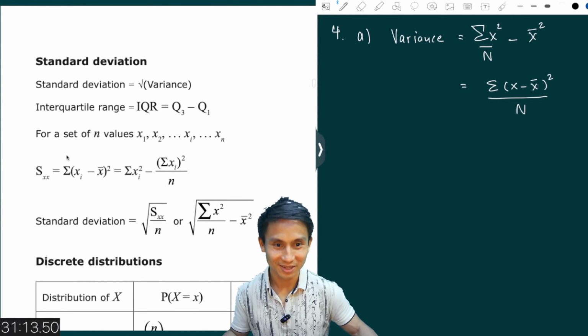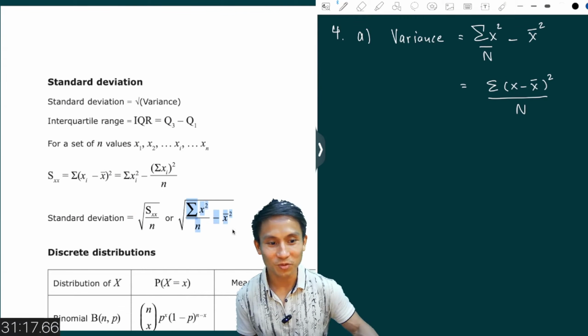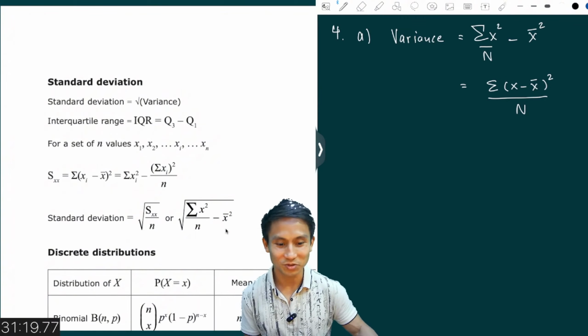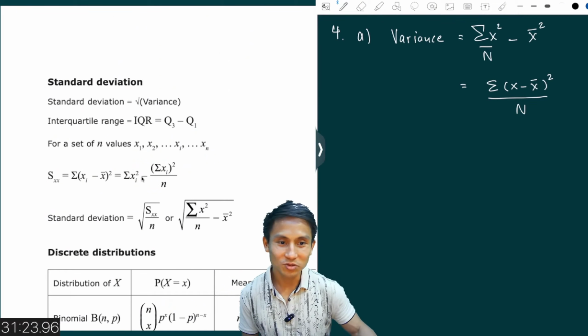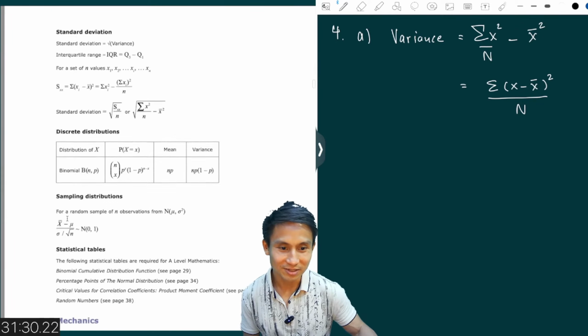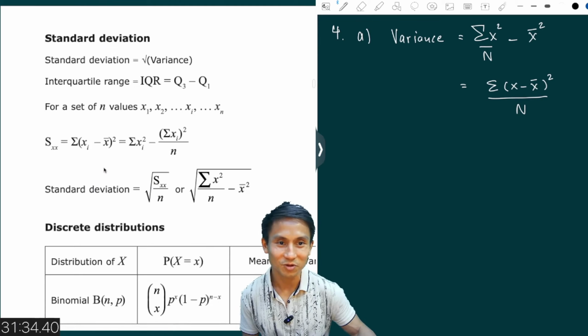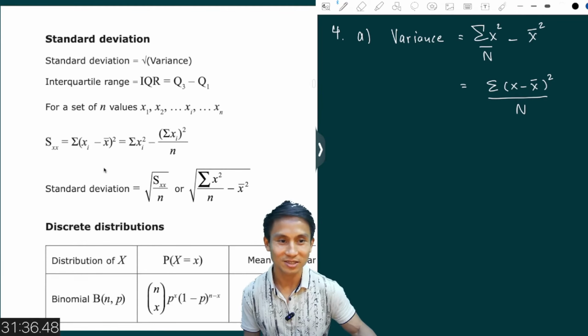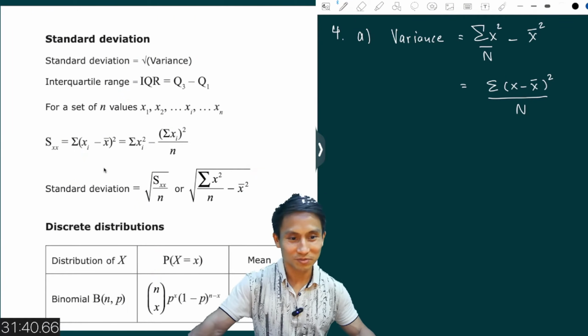So basically, standard deviation. This formula is the one that I told you, the first one I told you there. But do you see that if you check SXX here, sometimes they give you useful information, but sometimes they give you information where you need to process it. It's not readily digestible sometimes.